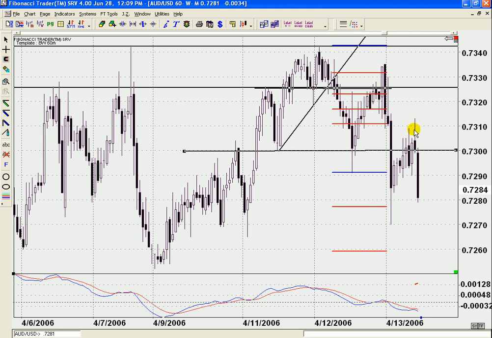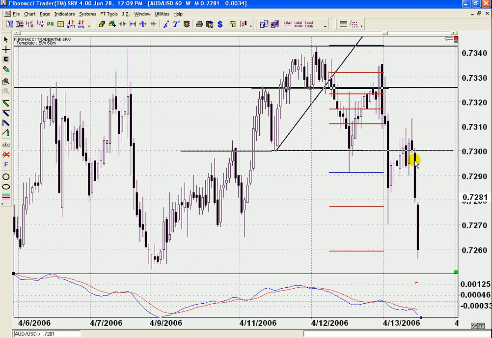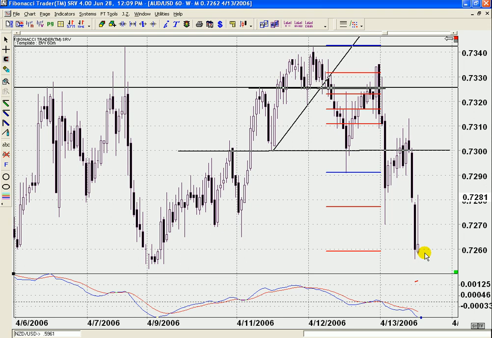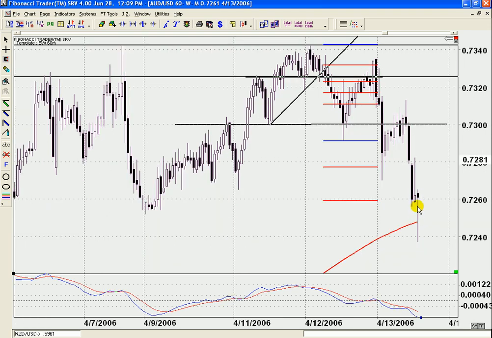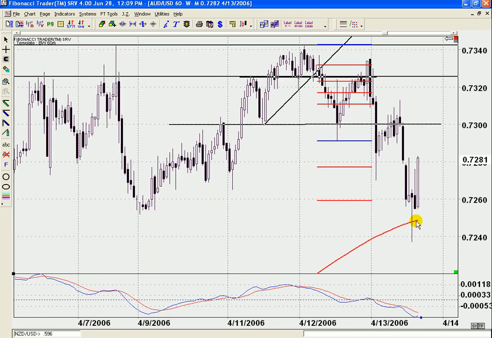Okay, it slips 10 pips through the neckline, and then it moves down 50 pips to the 162% extension, and then look at the spike, 20 pip spike, and then continues to move down to 72.40.